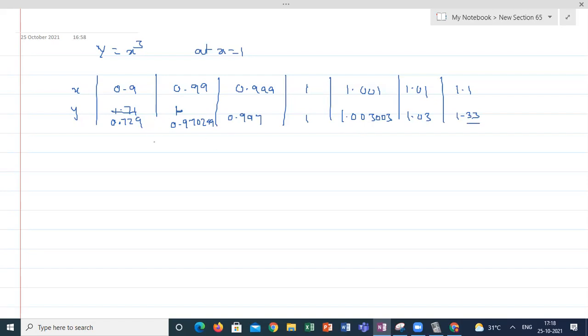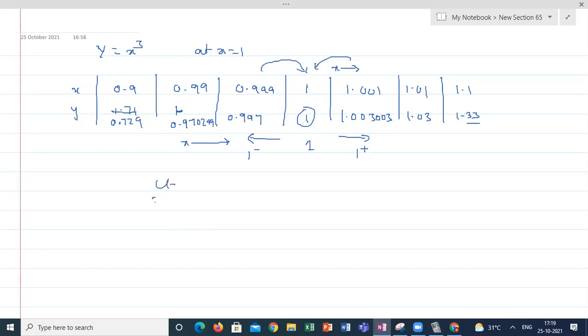See, what I can conclude from here, these are the values which are almost 1 minus. These are the values 1 plus. This is 1. When x is approaching 1 or going a little bit away from 1, but almost equal to 1, both are approaching 1 only, the y value is also approaching the same.